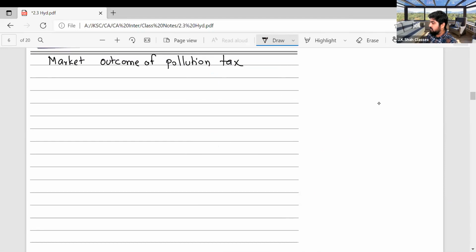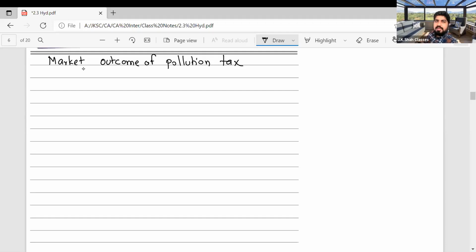Now, what exactly does this mean? Market outcome of pollution tax. It means, let's suppose if we are imposing pollution tax, then what will happen to the price and quantity of the product?